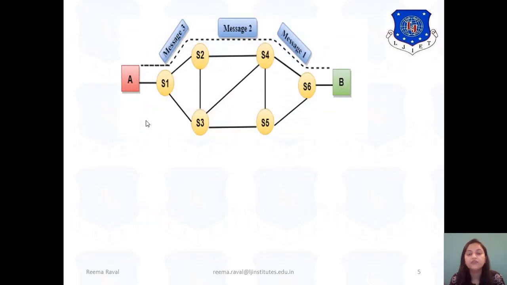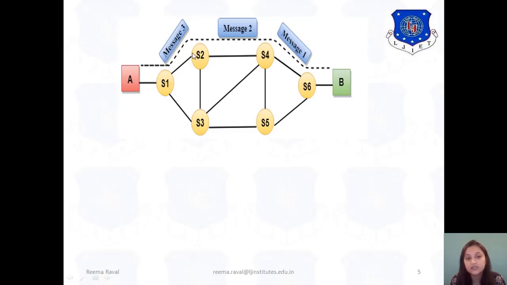Now let us consider one diagram in which circuit switching is shown. As you can see here, there is a transmitter A and a transmitter B. To send the data from A to B, there are multiple paths available. It can travel through S1, S2, S4, S6. It can travel through S1, S3, S5, S6, as well as through S1, S3, S4, S6.